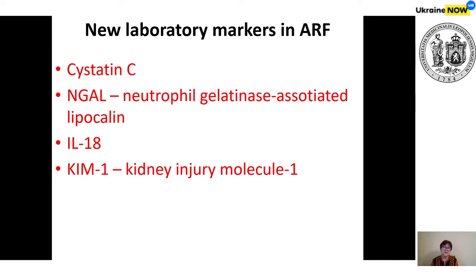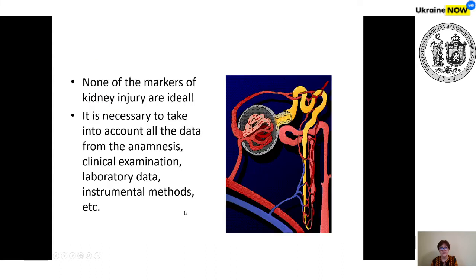So they are cystatin C, neutrophil gelatinase-associated lipocalin, interleukin 18, and kidney injury molecule 1. But none of the markers of kidney injury are ideal.